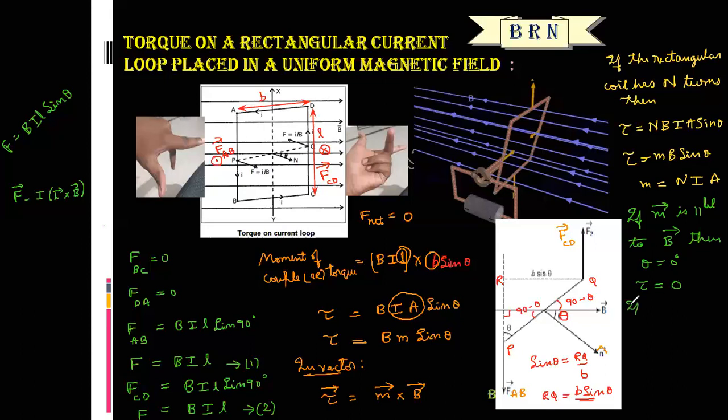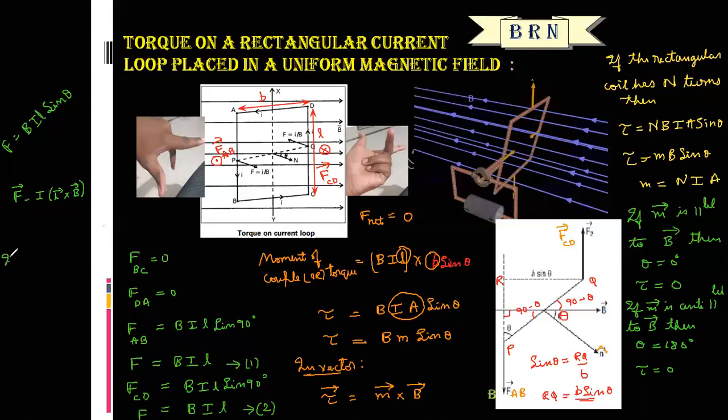If the m vector is anti-parallel to the B vector, then theta is equal to 180 degrees. In that case also the torque is 0.